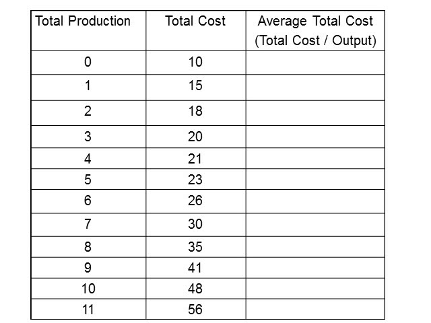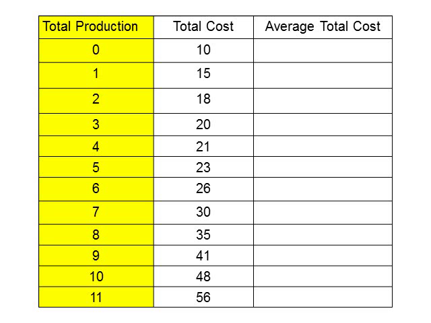The table represents Colleen's and Boris's costs from a previous video. You might want to download and print out this table so that you can follow along with the examples. The first column of the table represents total production of their printer factory.